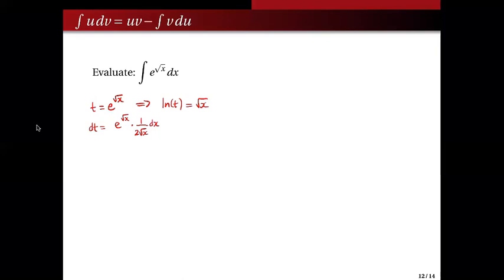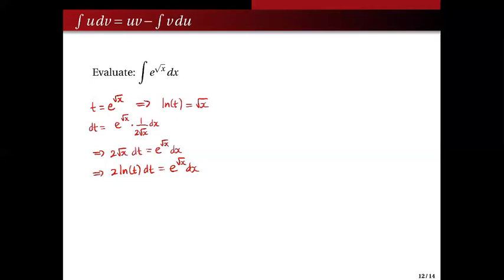So this guy here, we can rewrite this as 2 square root of x dt equals e to the square root of x dx. But square root of x is ln of t. So we will have 2 ln of t dt equals e to the square root of x dx.